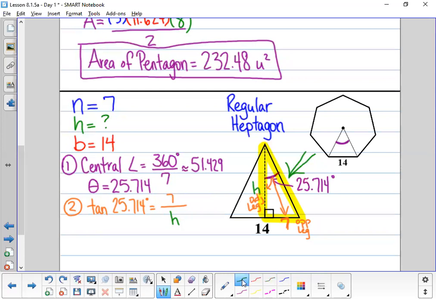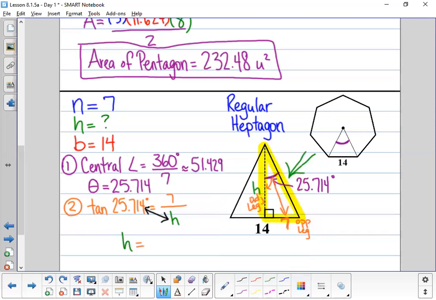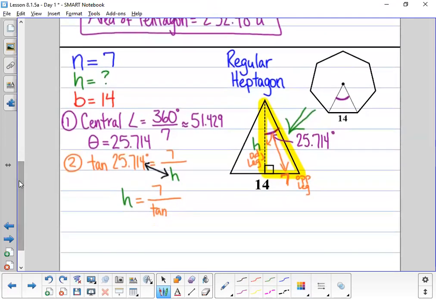But essentially what it boils down to is switching the place of the tangent of my reference angle and h. So that means that I would now have h equals 7 divided by the tangent of 25.714 degrees.